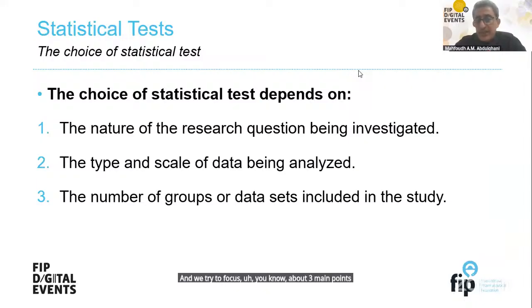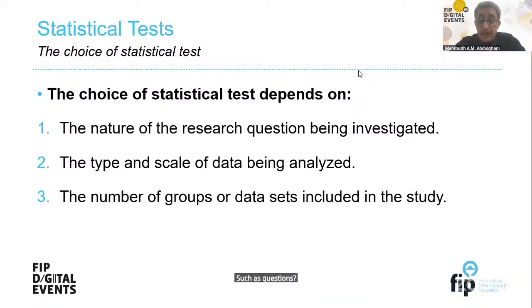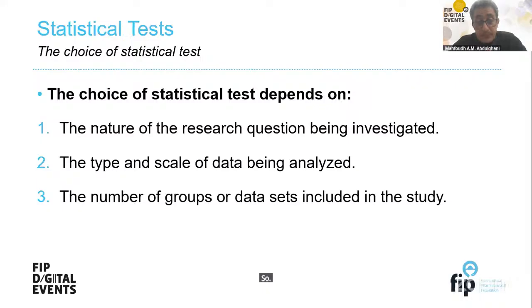The choice of statistical test depends on three main points: research questions, type of data, and the data set, how many we have, if we are already conducting the research and we have the data. Based on these three points that play a major role in the selection and choice of the statistical test. Please, next slide.